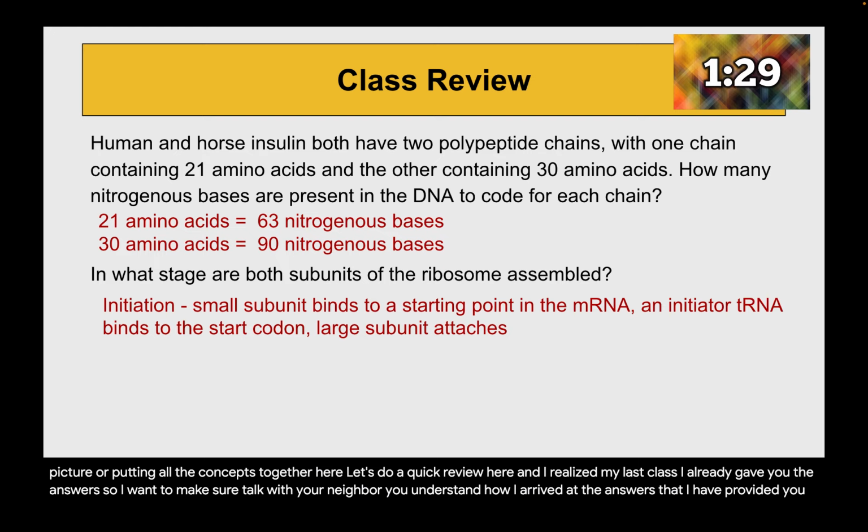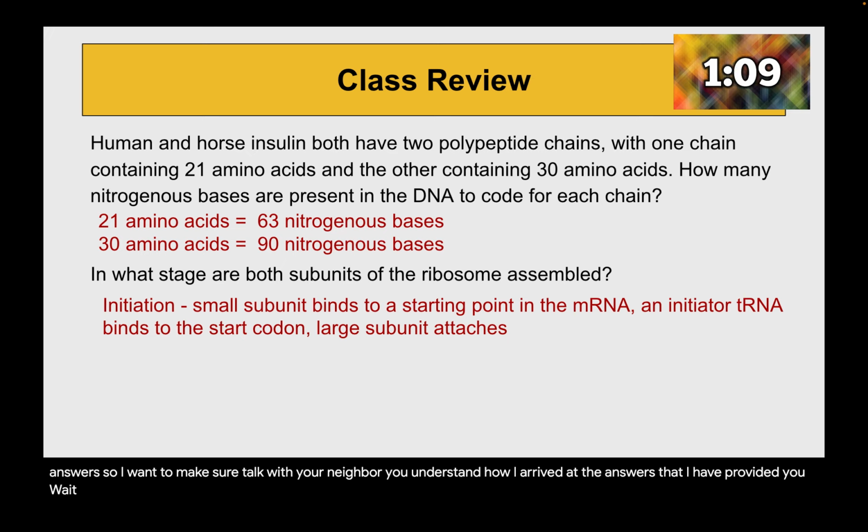Well, they have two polys with one chain containing. Wait, how do you... Oh, right, because it's the trick. Yeah, you divide, or you divide it into chunks.